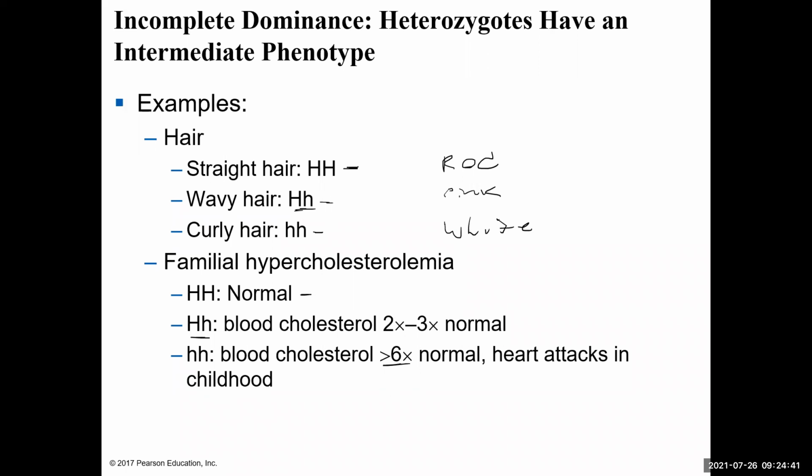But if you're heterozygous, you have an intermediate form, so you don't have as high as having the homozygous recessive form, but you have a lower amount because it's combined with the dominant. So you have about 2 to 3 times the normal cholesterol level instead of 6 or greater times the normal cholesterol level.